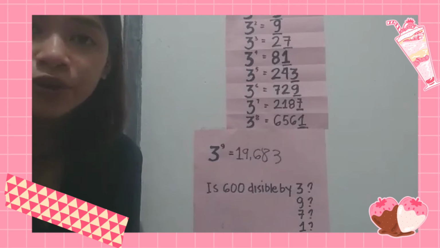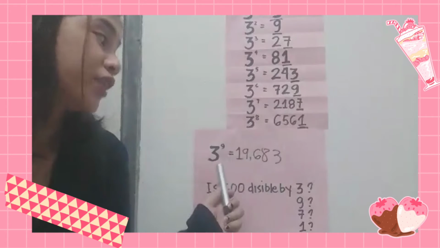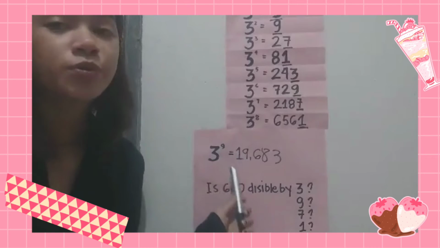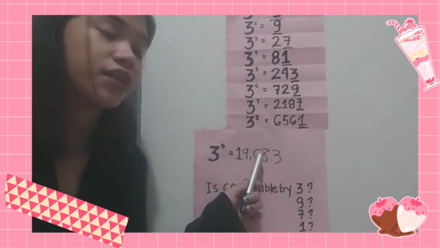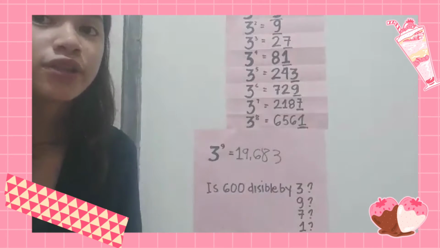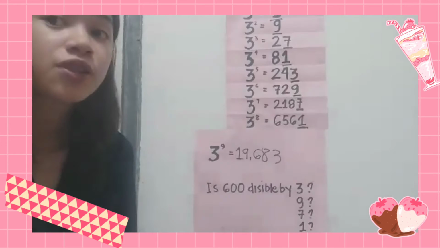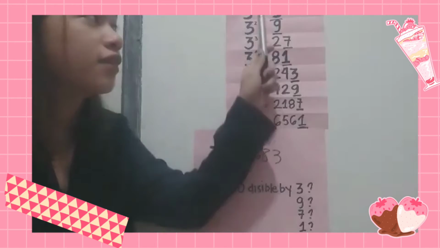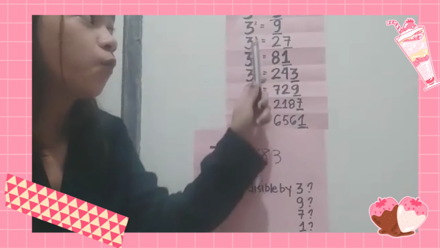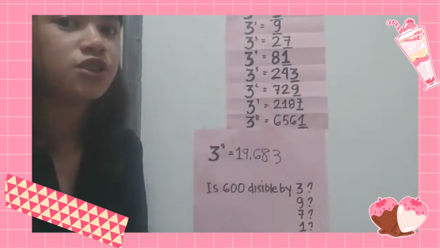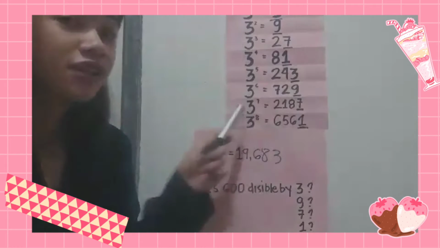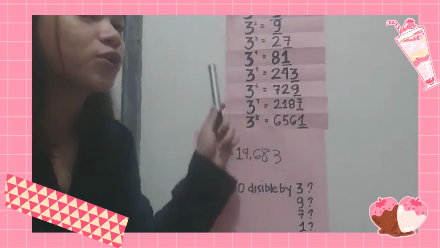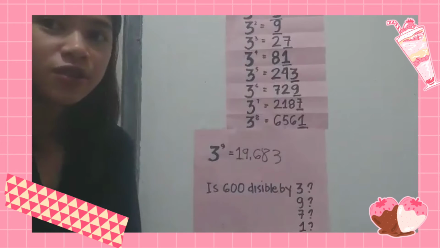If we were going to verify it, 3 raised to 9 is 19,683. So, the question is when there will be a 3 units digit, when a 9, when a 7, and last but not the least, when a 1.